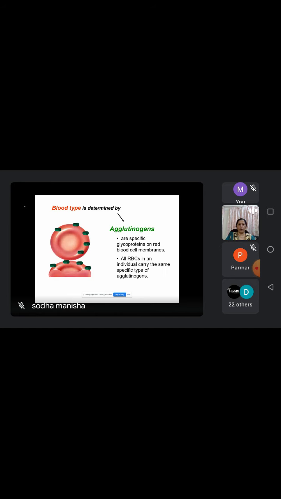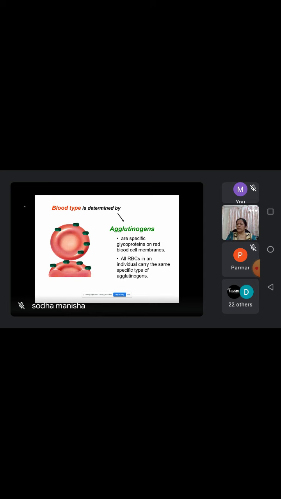Okay. Now, the specific blood group type is determined by the type of agglutinogen present in the RBC. Agglutinogens are specific glycoproteins on the red blood cell membrane.